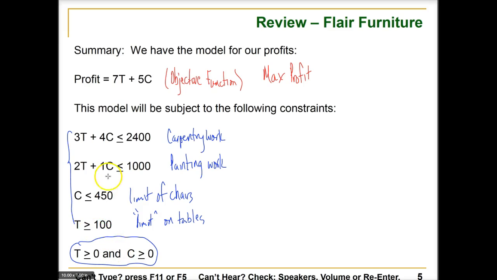As we go through the whole process of setting up this problem in the Excel solver, we will see where we have to go to make sure that our solutions are non-negative. That's essentially what this says here. We want non-negative solutions because it doesn't make any sense to count negative tables or negative chairs.